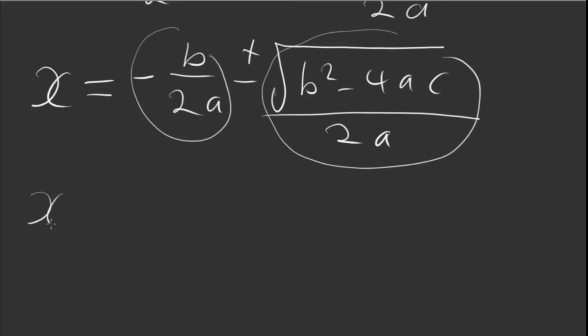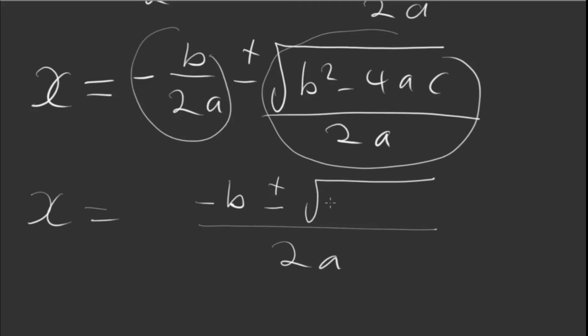What will happen there is that there will be a common denominator, which is 2a, and 2a into 2a, it will go minus b, so it's plus or minus, and then 2a into a, it will also go 1, so you just copy the numerator.